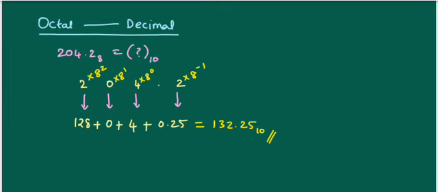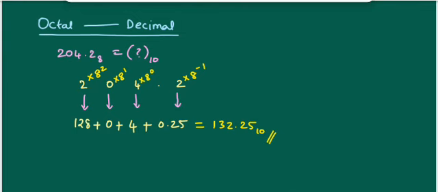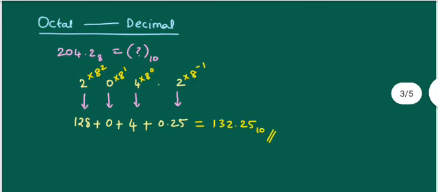Multiply the digit with the corresponding position values. Same here also. 4 into 8 power 0, 0 into 8 power 1, 2 into 8 power 2, 2 into 8 power minus 1. So just do this multiplication.